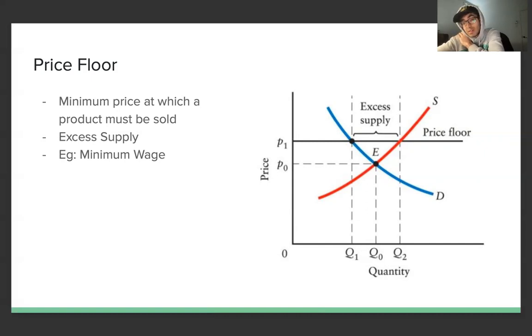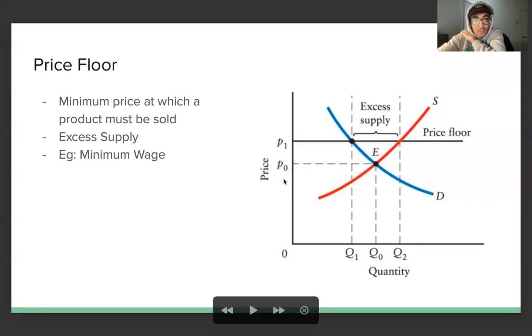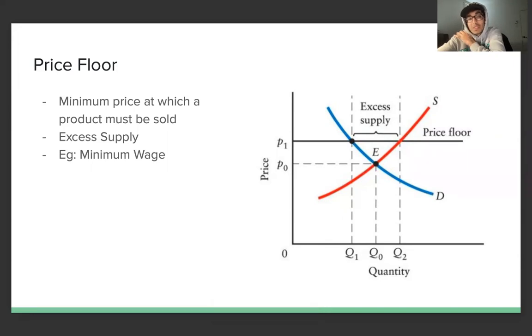Same with excess demand. If you have more people wanting a good, but the supply is low, the economy is going to function on the lower quantity because you can't have more than that being supplied. So in the case of price floor with excess supply, the economy functions on Q1.